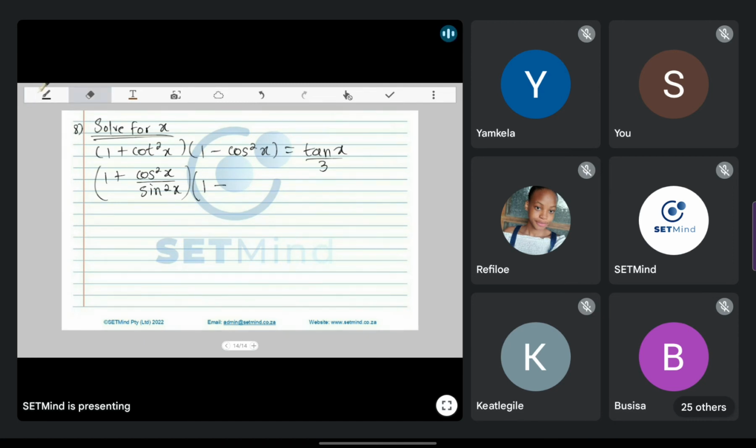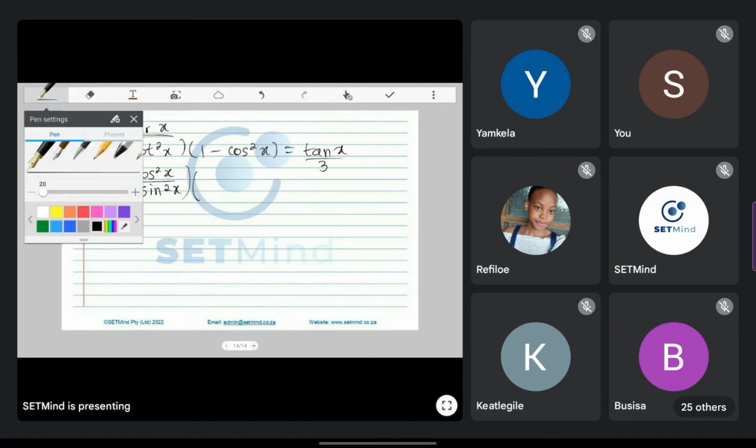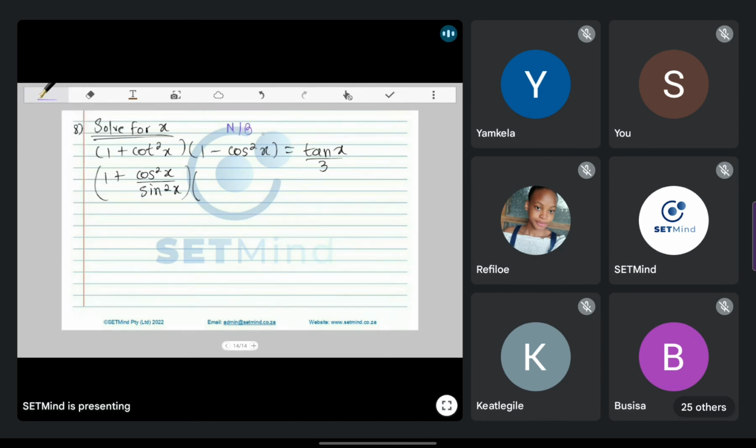So I need us to remember, from matric, that sine squared x plus cos squared x is 1. So this implies that actually 1 minus cos squared x is sine squared x.